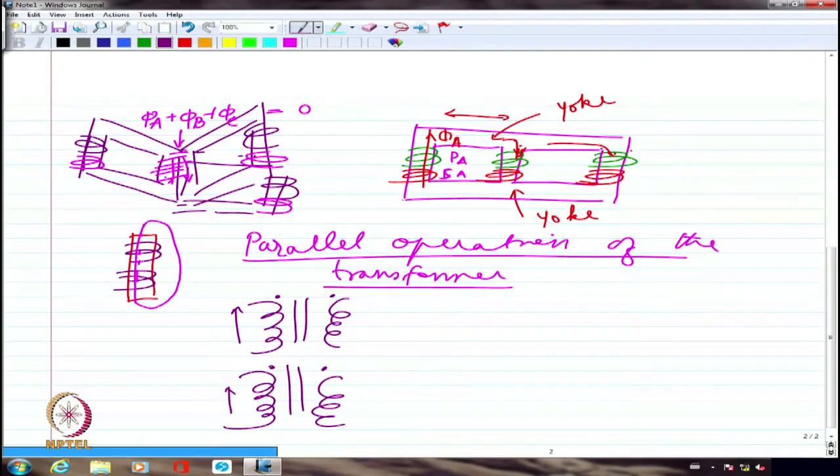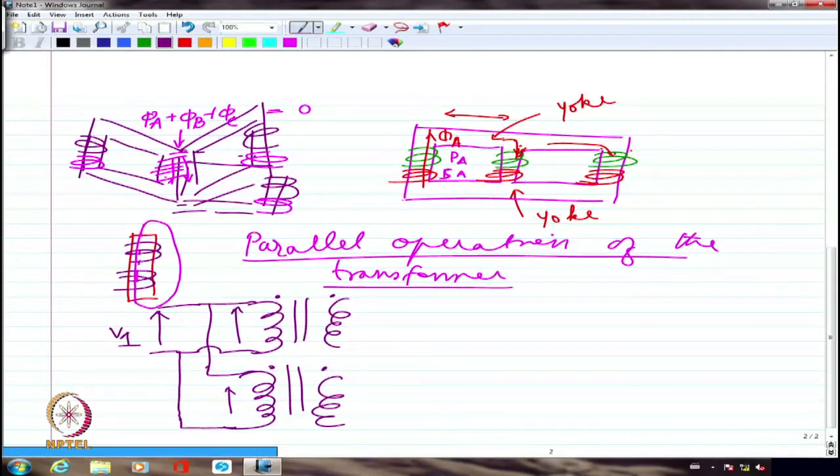Now I am going to connect this dot with this dot. And similarly I am going to connect this non-dot terminal with the other non-dot terminal. Right. Now I am going to apply V1 here.